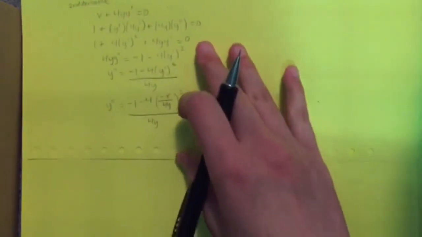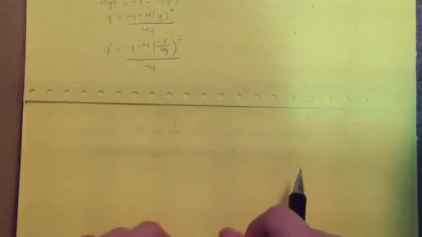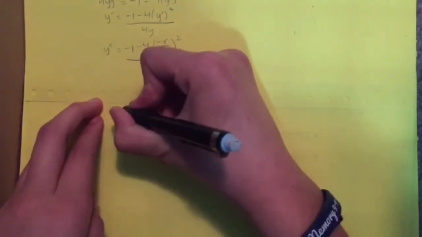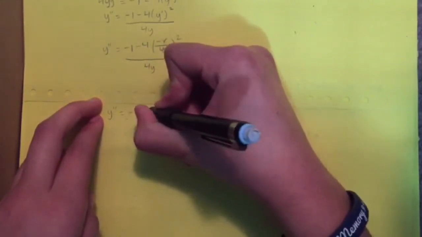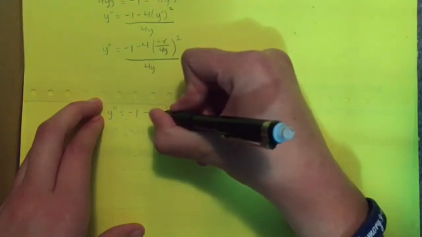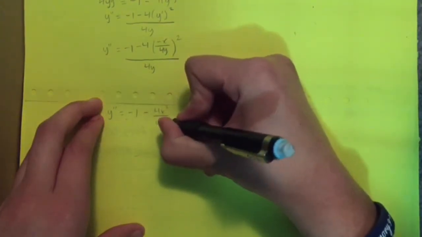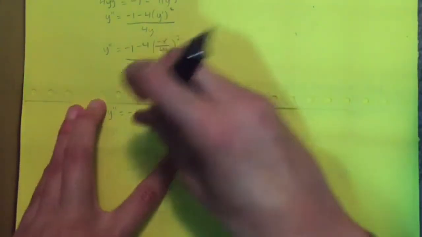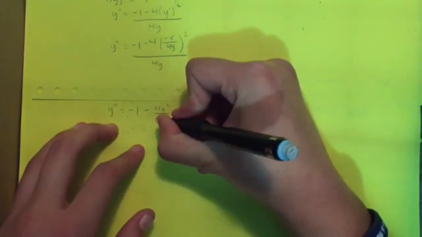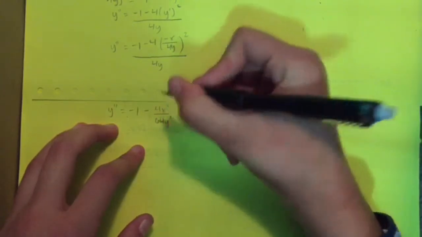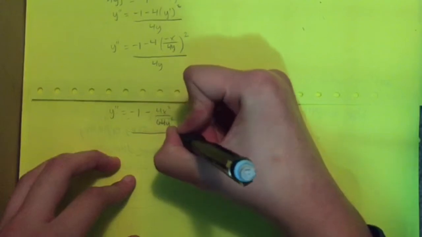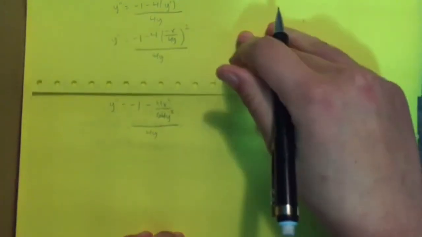So I need some more room. Now we're just going to distribute this 4. So y double prime equals negative 1 minus 4x squared over 16y squared, all over 4y.